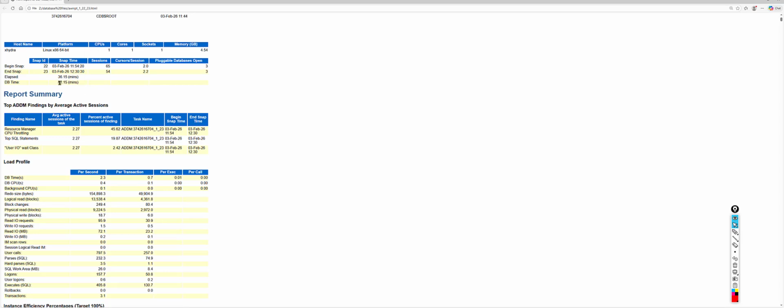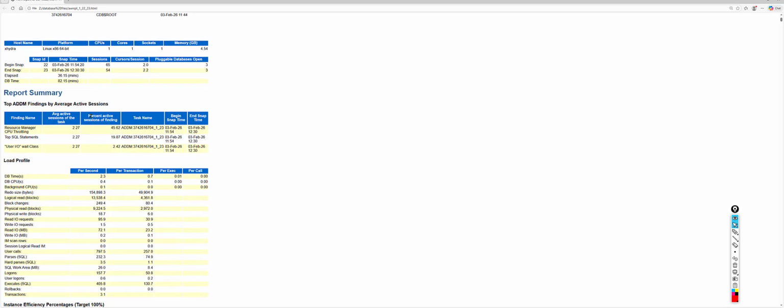So here the work that happened earlier was high, right? Because the DB time is higher. Okay, so this elapsed time, this 36 minutes, will tell us how much CPU has been consumed. If elapsed time is higher than the DB time, then the database did not do any activity.